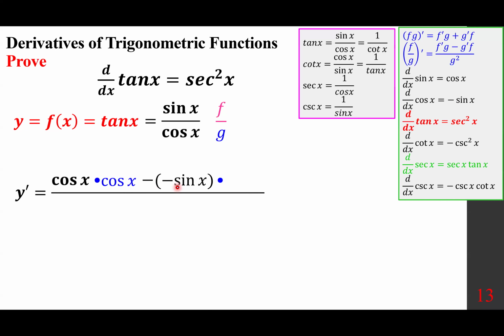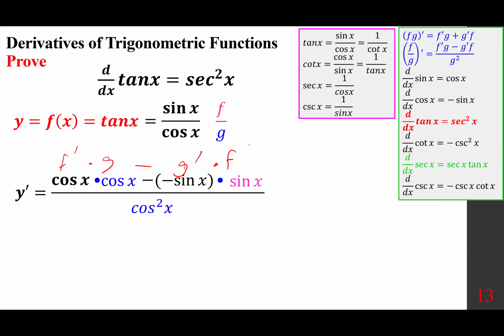So minus negative sine times f, the numerator is sine x, over g squared, the bottom, cosine x squared. Again, just to make sure we understand what's happening, this is f prime g minus g prime f.